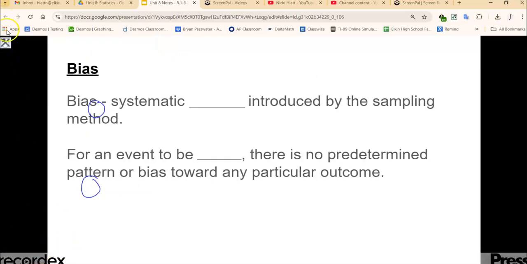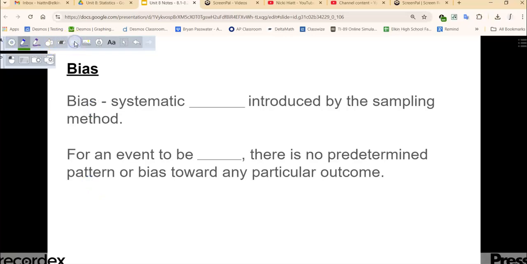So, whenever you are sampling, you have to be very careful for bias, because you can make studies say what you want them to say pretty easily if you do not make a fair study. So bias is systematic error that is introduced by the sampling method.